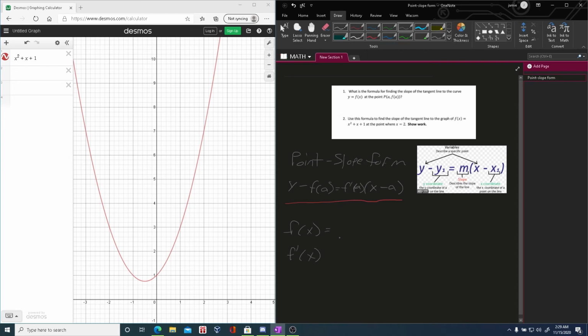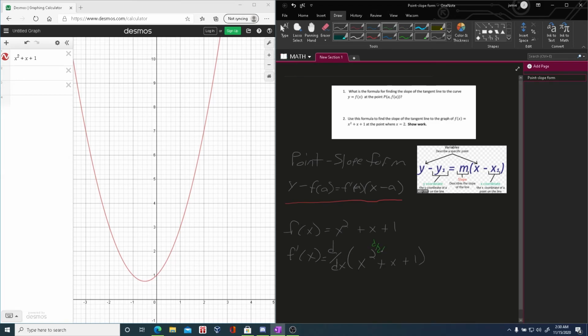We have f of x equals x squared plus x plus 1. Well, we can write Leibniz notation, the derivative with respect to x of x squared plus x plus 1. And we can see this is a pretty easy one.